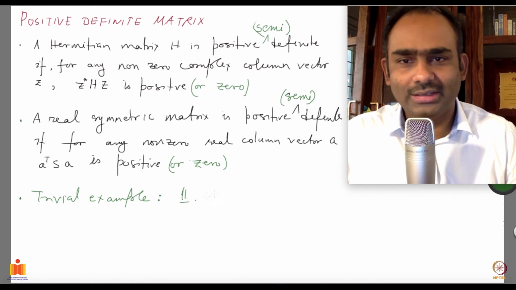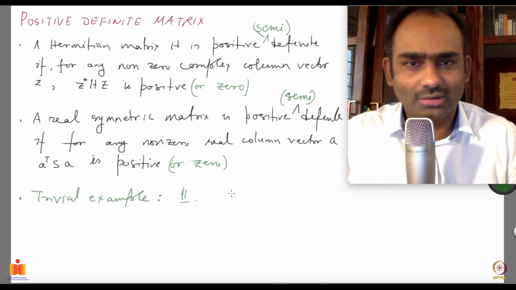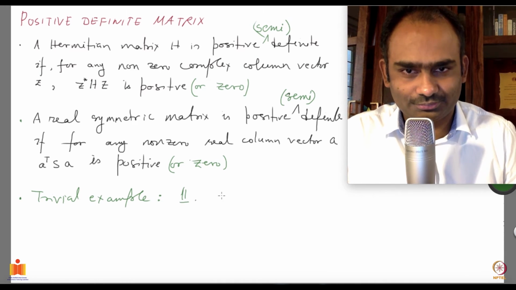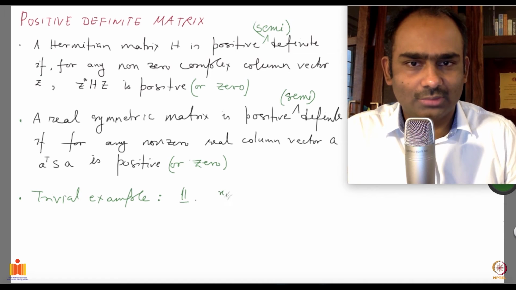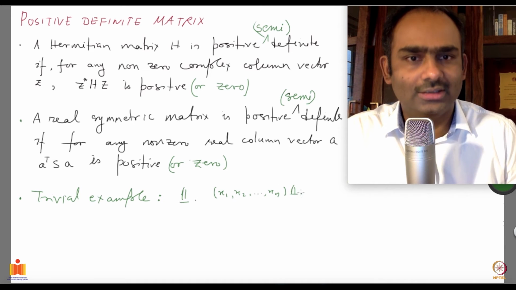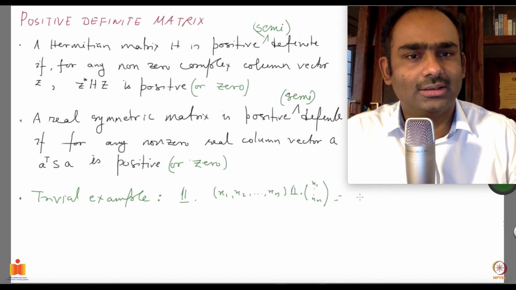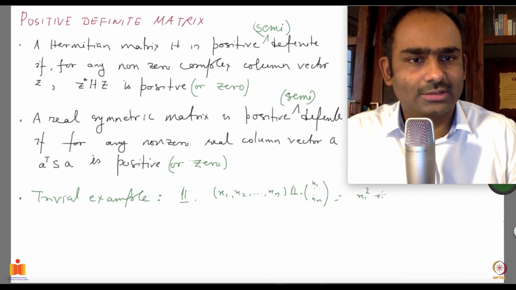Because if you take any non-zero vector, let's say x1, x2, and so forth, xn, with the identity matrix in between, what you get is x1 square plus x2 square, and so forth, plus xn square.